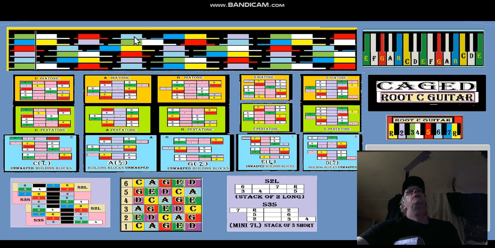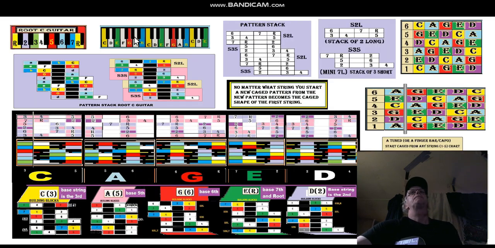Well, what's wonderful about this chart, this one right here, is that I lined it up so that these CAGE shapes, these are parent CAGE shapes, start on the A shape. It's called the A-tuned or finger-barred capo start CAGE from any string chart.